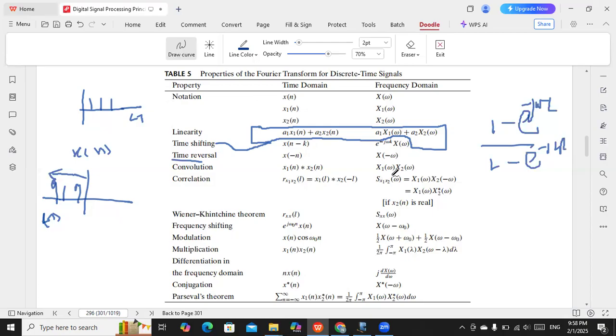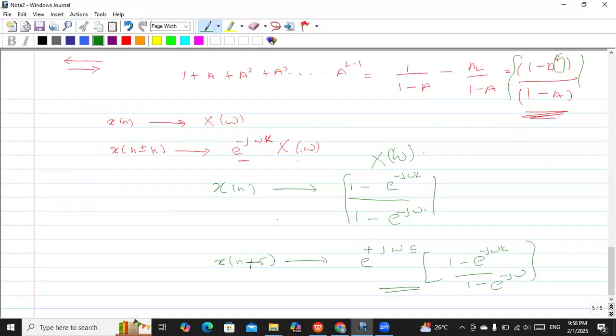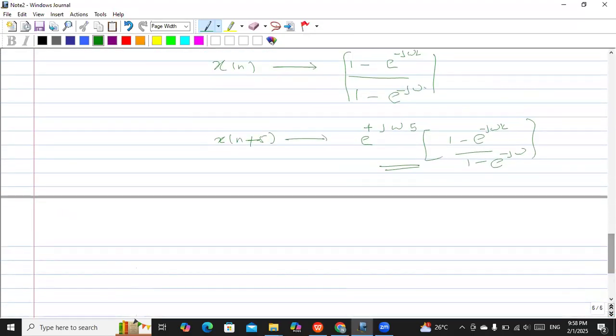Then what you need to do is simply apply minus omega instead of omega. So this omega will be minus omega, so this will be plus, and this one also will be minus omega, so this will be plus. So easily you can find the Fourier transform using that property.